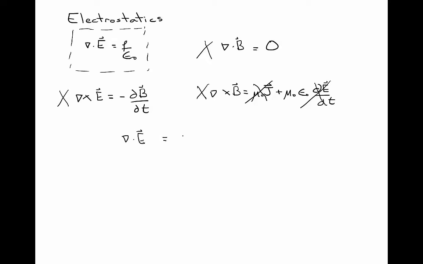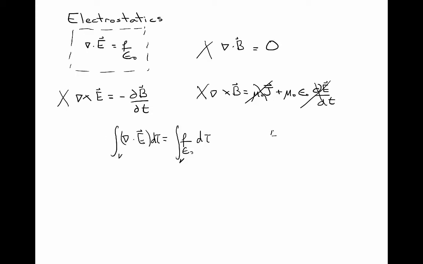So I'm going to copy it down. I'm going to write little v's at the bottom of the integral to indicate that I'm doing a volume integral rather than writing out 3 integral symbols.